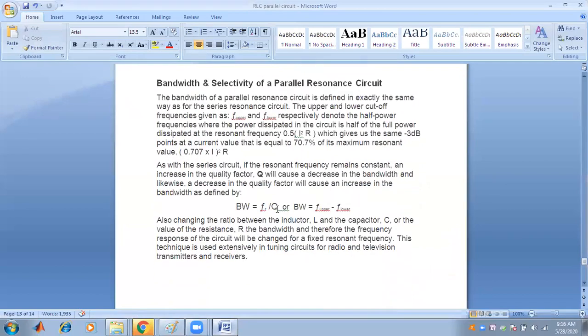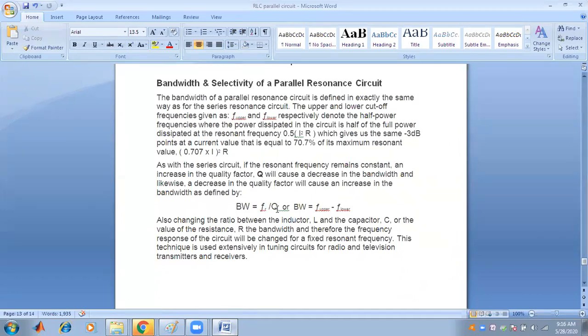So what does bandwidth mean? Bandwidth of a parallel resonance circuit is defined in exactly the same way as for the series resonance circuit. The upper and lower cut off frequencies are given as F upper and F lower, respectively denoting the half power frequencies, where the power dissipated in the circuit is half of the power dissipated at the resonant frequency.